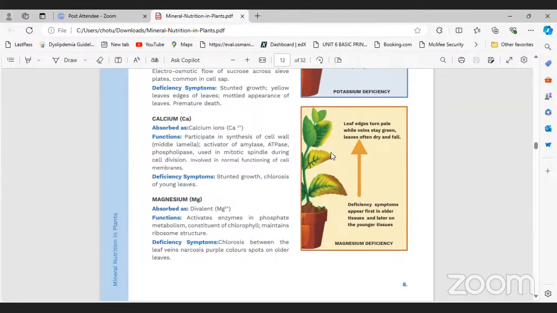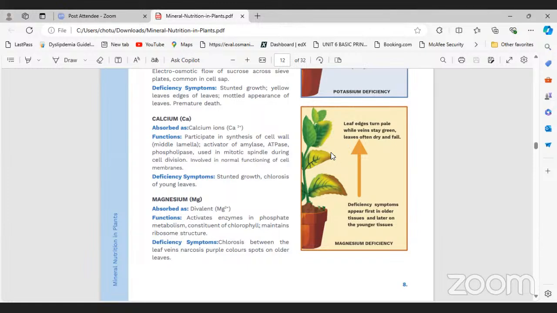It plays an important role in ATP, ADP, and inorganic phosphate.